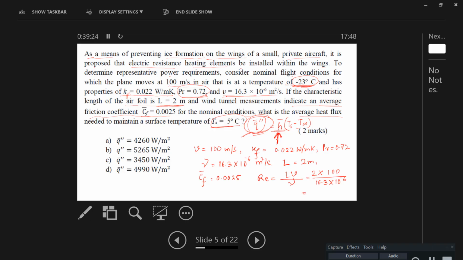You must get something to the power 10 to the power 7. 2 divided by 16.3 is 0.122 into 10 to the power 8 or 7. So have you got this Re?